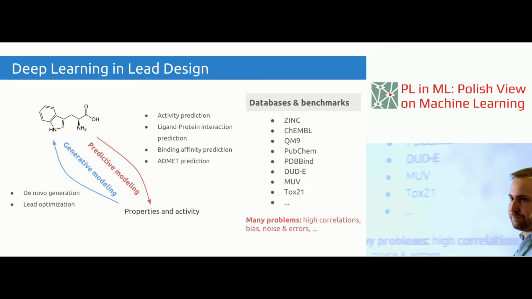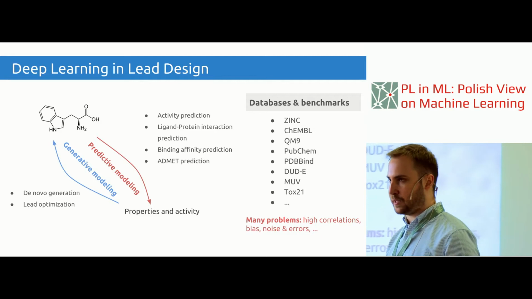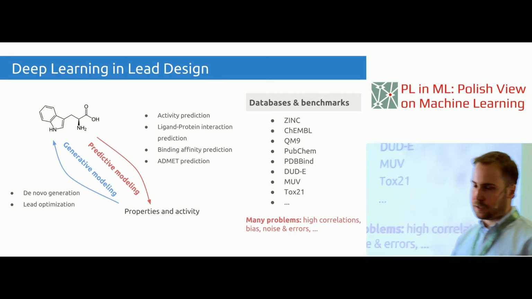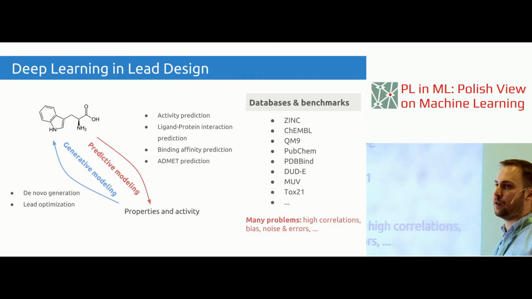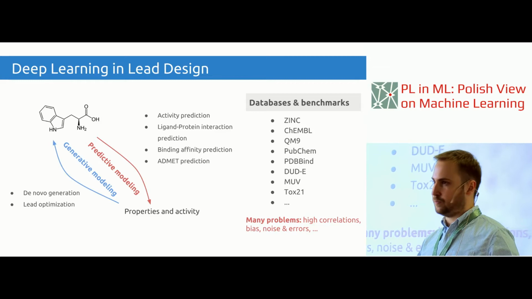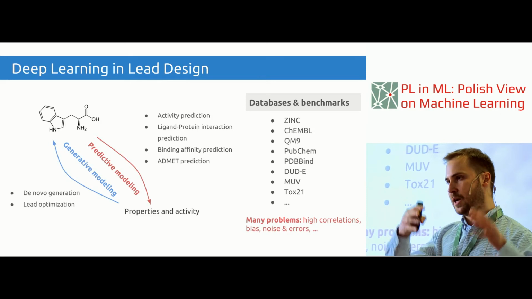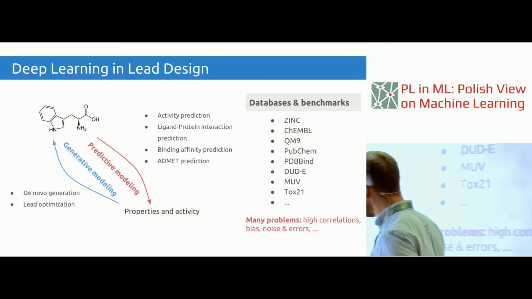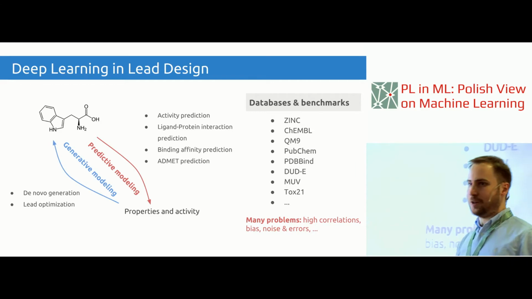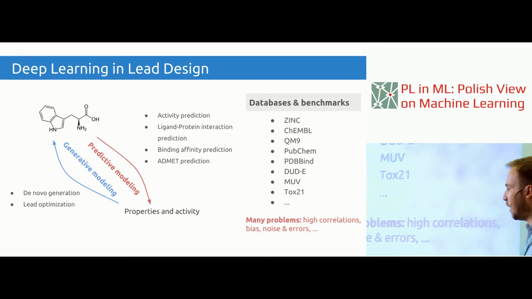There are many different kinds of problems with them, and these problems include high internal correlations between examples, bias, different kinds of noise, and many, many errors. And so basically, if you are trying to use the standard methodology of dividing your data set into training, validation, and test parts, your error estimation might be very, very over-optimistic then. So be careful doing that.